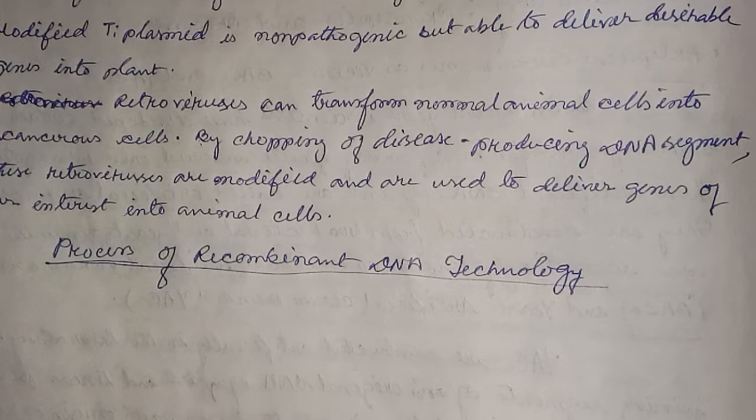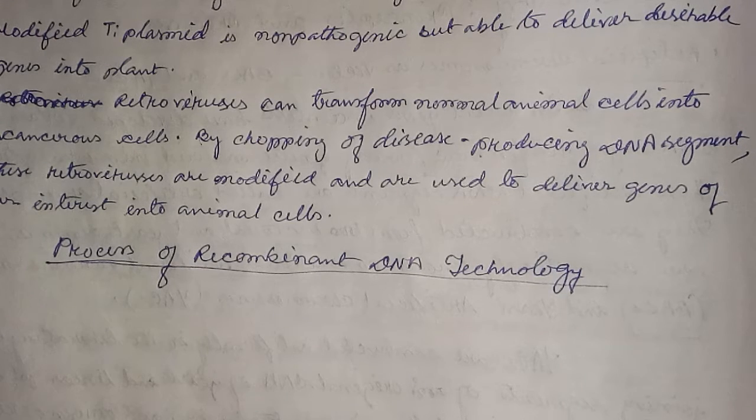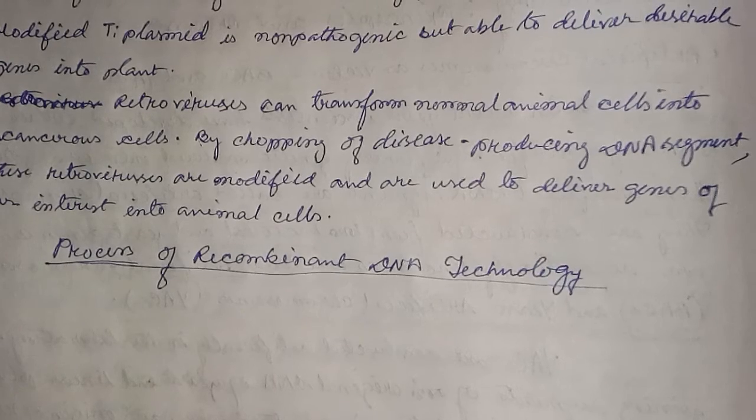Insertion of recombinant DNA into host cell, that is transformation of host cell. Next, selection of transformed cells. Next, culturing transformed host cells to obtain clones, that is cloning of recombinant DNA, or culturing transformed host cells to obtain desired product at industrial level.